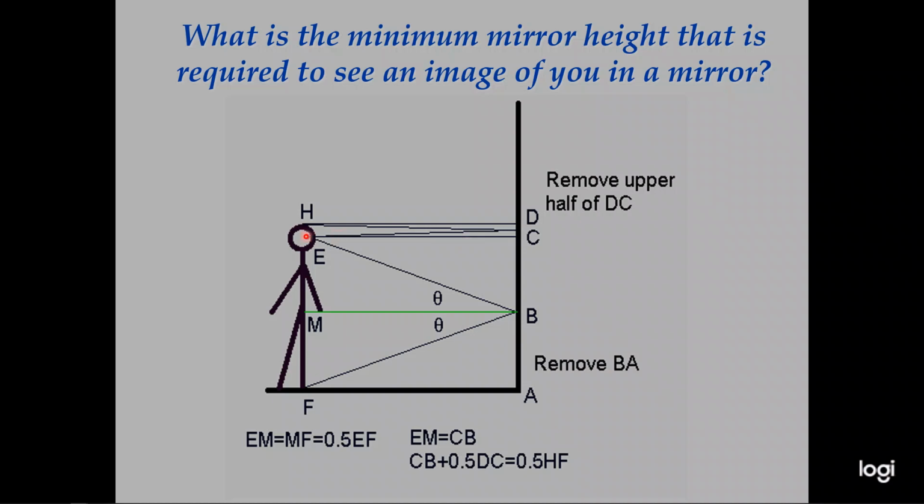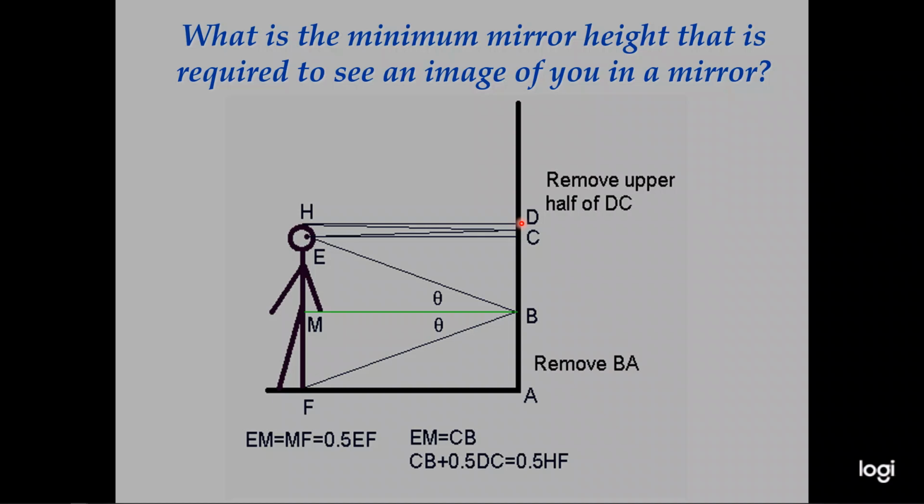Now, let's look at in between my eye and the top of my head. I can make the same argument with light coming from the top of my head, hitting the mirror and bouncing into my eye. I can remove the upper half of mirror DC.